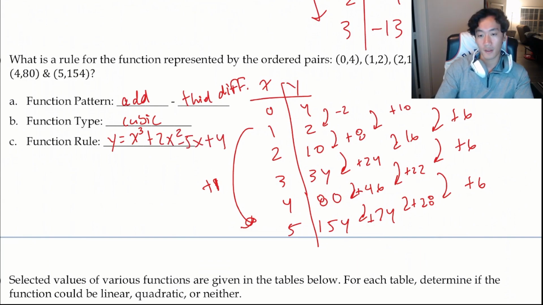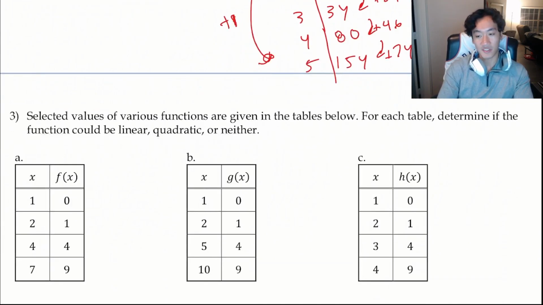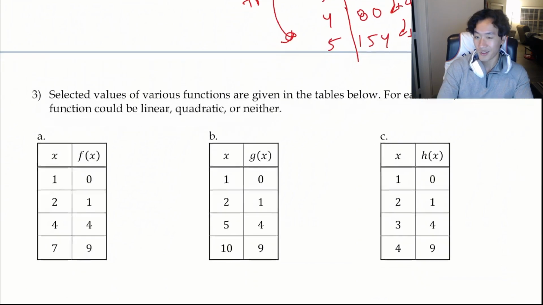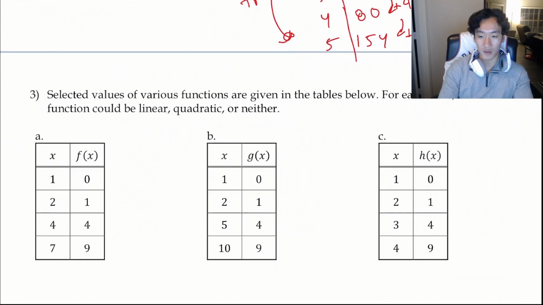Okay, so there's that. Now let's move on to something a little bit different. Not really different, but we're just given a table again. It is possible to do this slightly differently. I'm not sure why we'd want to. You could use the average rate of change here to determine how to do these, but I'm going to stick with what I've known so far.